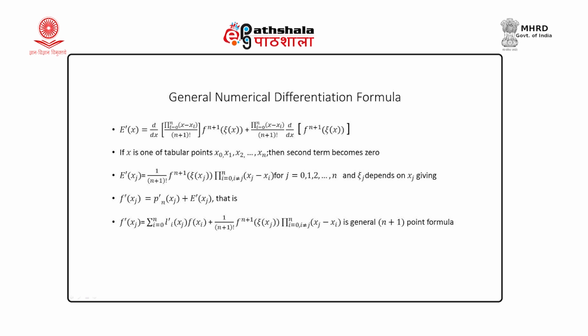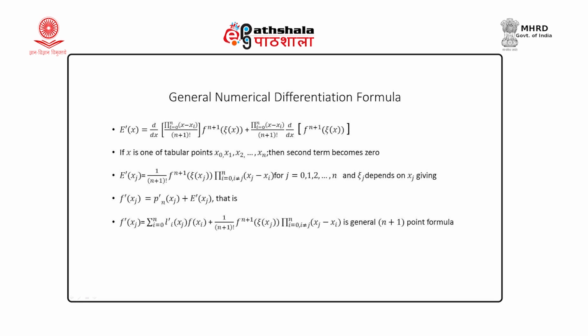So, x is any of the tabular points x 0, x 1, x 2, ..., x n. So, E dash at the point x j is 1 upon (n plus 1) factorial, this term, f (n plus 1) derivative at xi, x j, and the product i equal to 0 to n. Here we get x j minus x i, and the derivative of this product is product i equal to 0 to n, i different from j, x j minus x i.